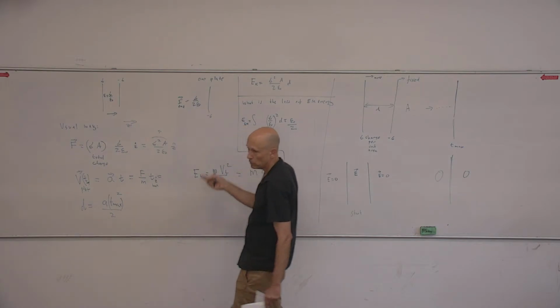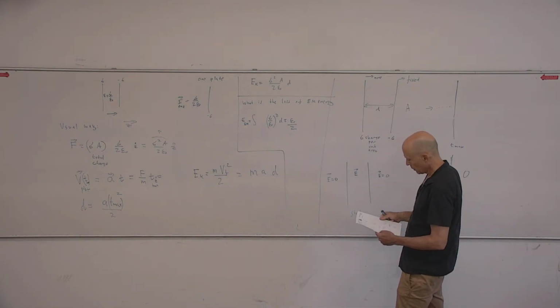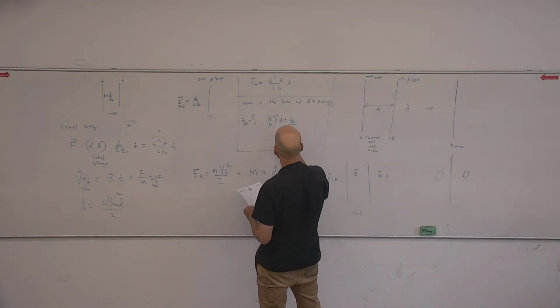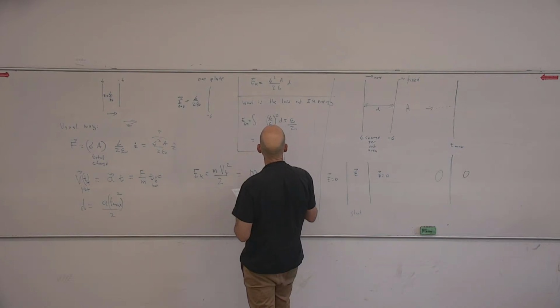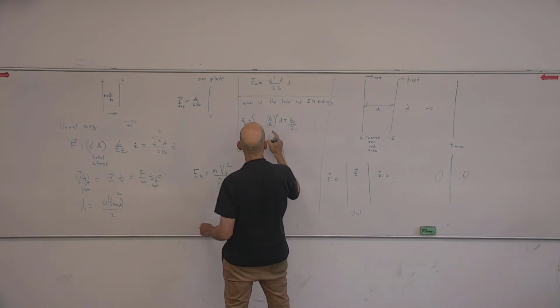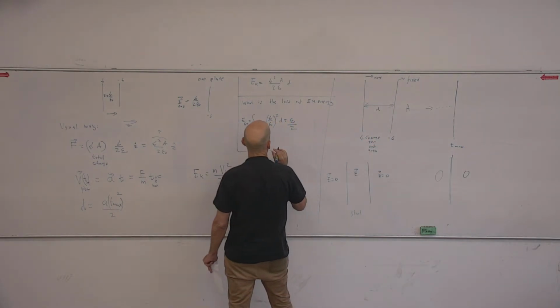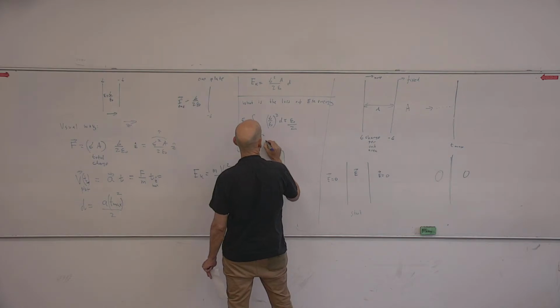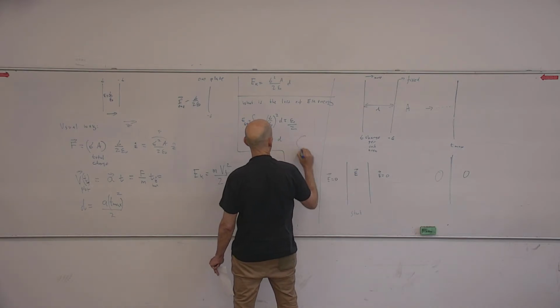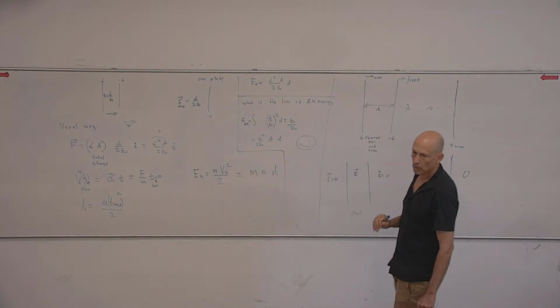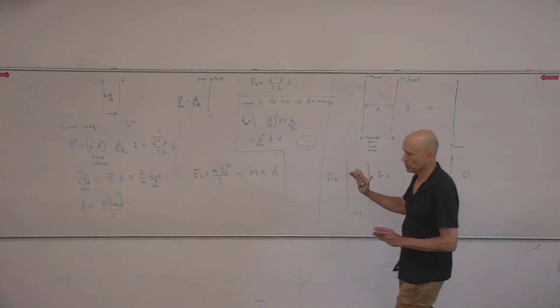The half comes from the half that we had before. All this is a constant, and d tau is just this volume, A times D. So it's sigma squared divided by 2 epsilon 0 times A times D. And I'm very happy because these two are the same. So it works, at least in this sanity check.